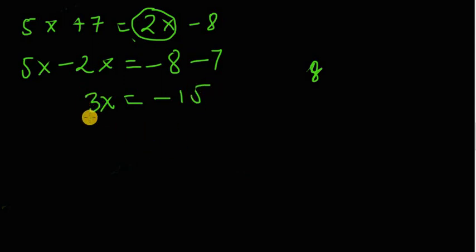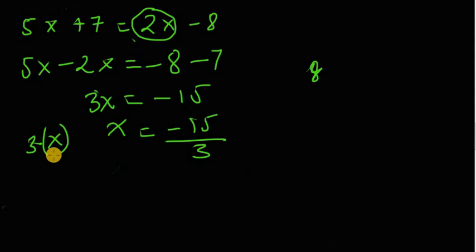So look at this, you should not shift this 3 here as minus 3, you have to shift it as divided by 3 because 3 is in multiplication with x. Okay, this 3x is nothing but 3 into x. So that means 3 should be shifted to that side as divided by 3. Okay, so this is the answer. So let me cancel this, so this becomes minus 5, so x equals minus 5. Okay, so this is how we solve problems.